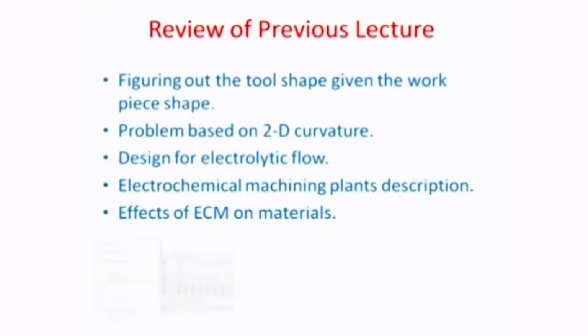So, we actually did a problem for 2D based curvature. This is illustrated here, and then we also learned that the other important issue in ECM is the electrolyte flow and the way it is designed. One of the basic fundamentals had been seen before when we were designing the electrolyte velocity between the tool and the workpiece.